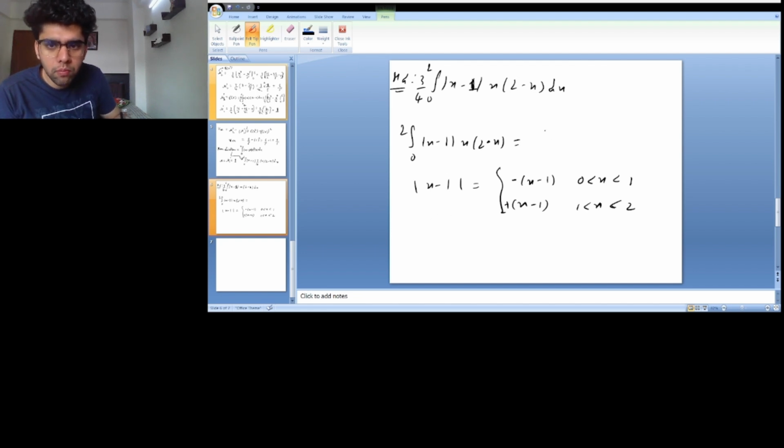So I need to form two different limits, 0 to 1, where I can write this as minus (x minus 1), or I can write this as 1 minus x. I'll be writing 1 minus x.